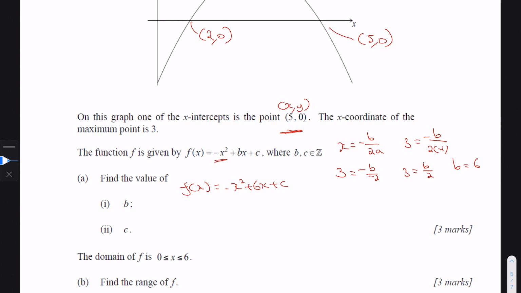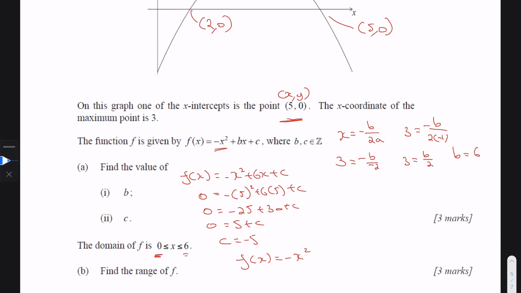So I can work it out. 0 equals minus 5 squared plus 6 times 5 plus c. You're now able to solve it. 0 equals minus 25 plus 30. 0 equals 5 plus c. So c equals minus 5. And that's how you work out that part. And yes, if you look at the graph above, you can see that this is a negative y-intercept. So my actual f of x is minus x squared plus 6x minus 5, and that is the original function.